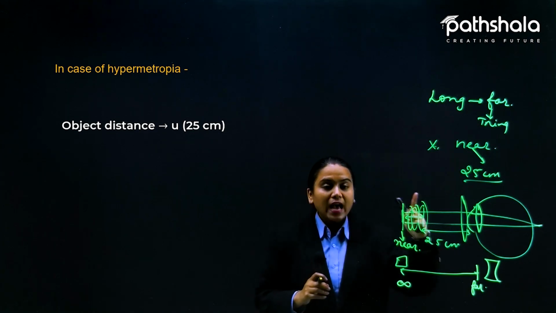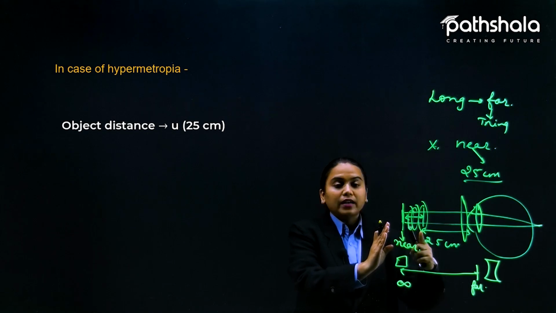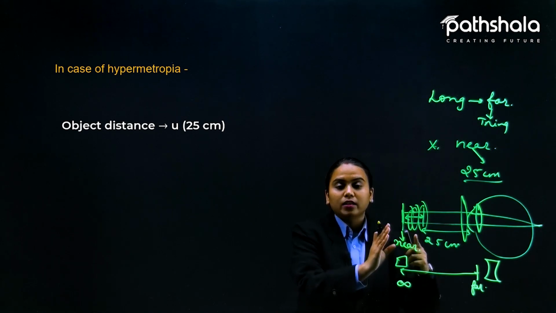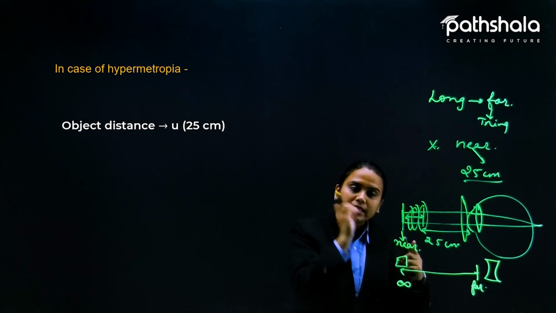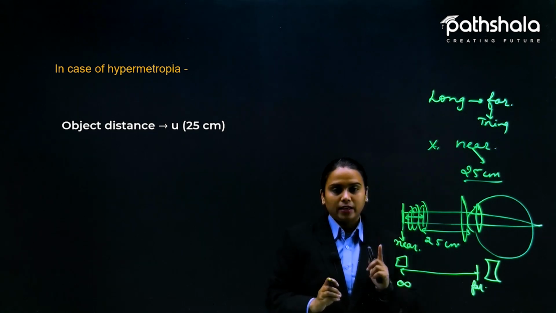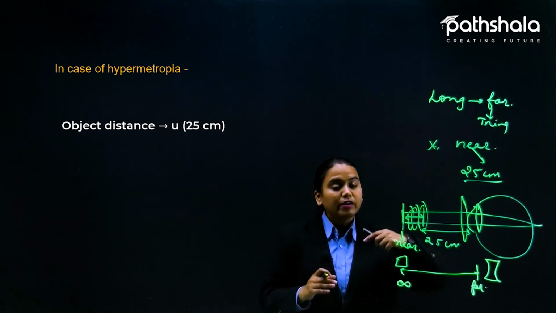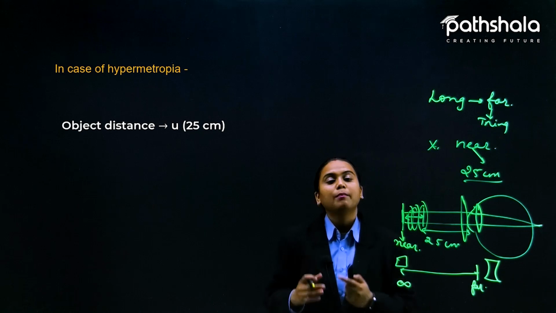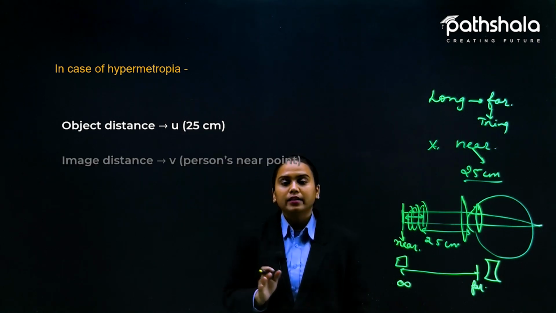So if the near point is here, the extreme position of the object for this condition would be 25 centimeter. That is why we have taken the object distance, कि 25 तक object खड़ा हो जाए तब भी हमें दिखाई देना चाहिए. So that is the object distance.